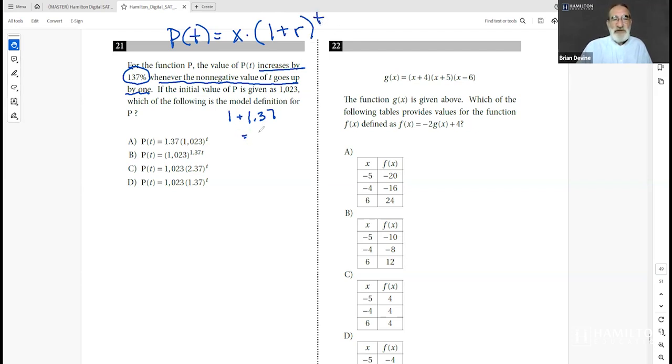So this is 2.37, which is going to be our base number, which points right away to C, that we're going to have an initial value, which is our x, 1023, and that's going to go up by 137%, so 1 plus 1.37, the rate, to the t. So C is the answer.